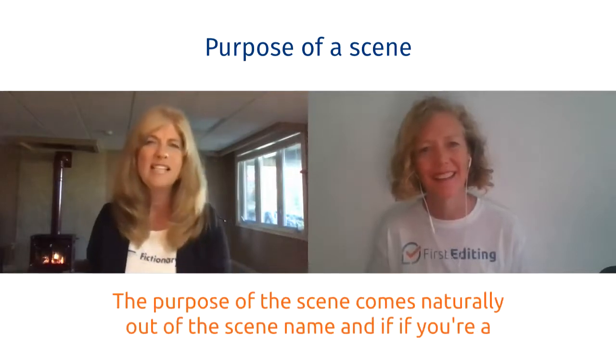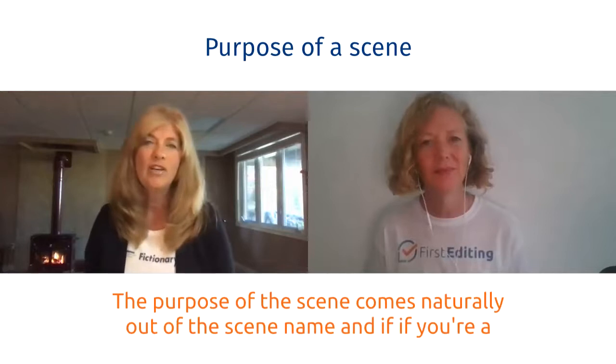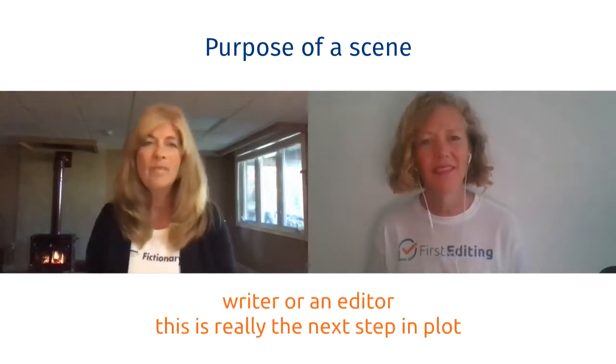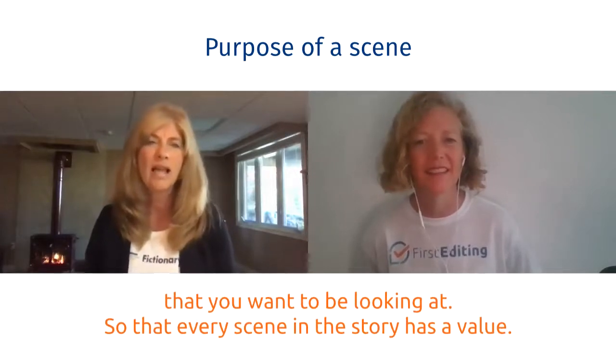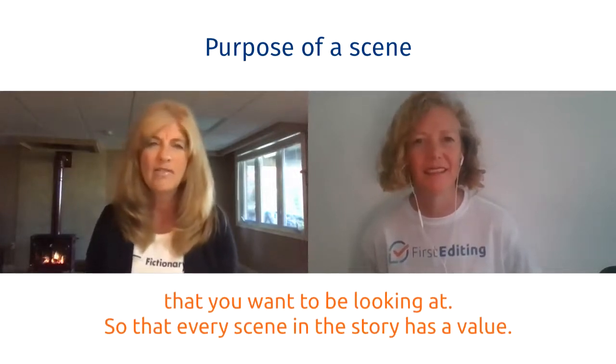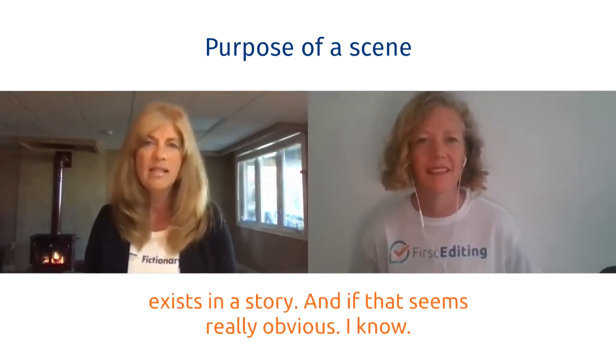The purpose of the scene comes naturally out of the scene name. And if you're a writer or an editor, this is really the next step in plot that you want to be looking at so that every scene in the story has a value. And there must be a reason that a scene exists in a story.